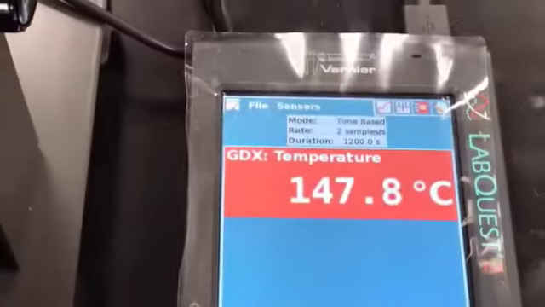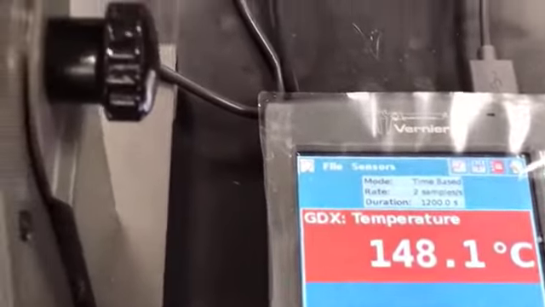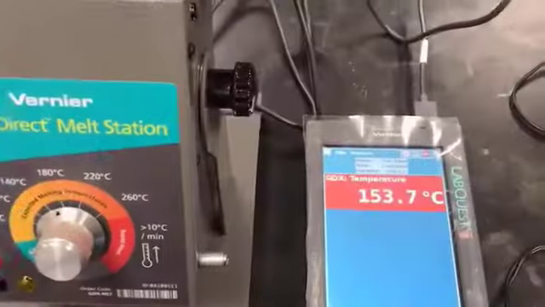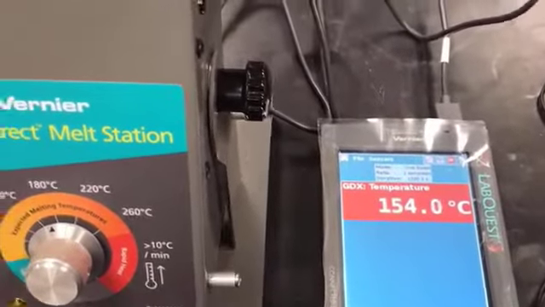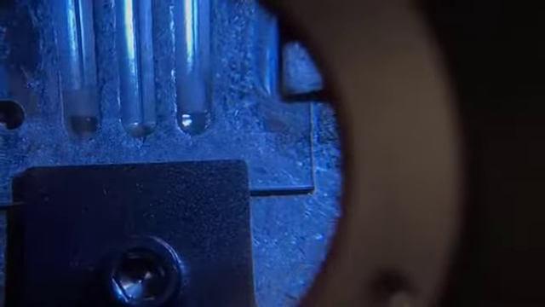As you can see now, the temperature is not rising at that high rate. The melting point hasn't been reached yet, but the temperature is increasing, and you can see the capillary tubes are the same as you have seen before. The sample didn't start at all.